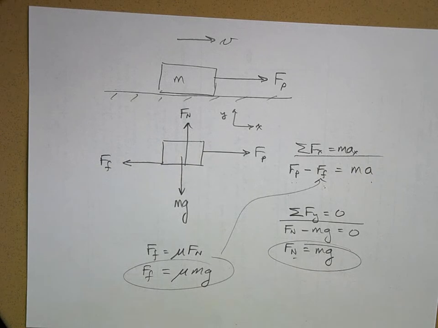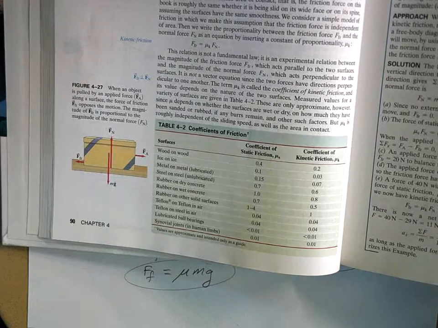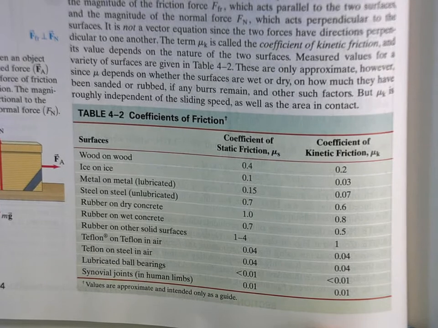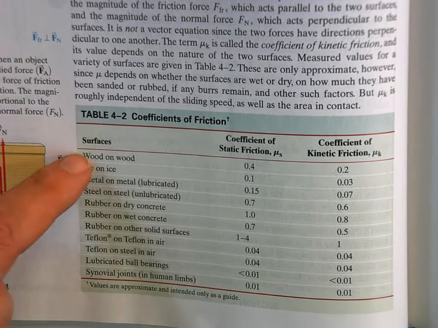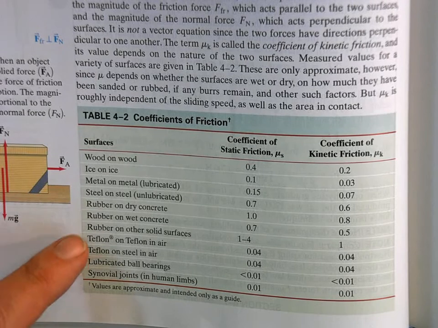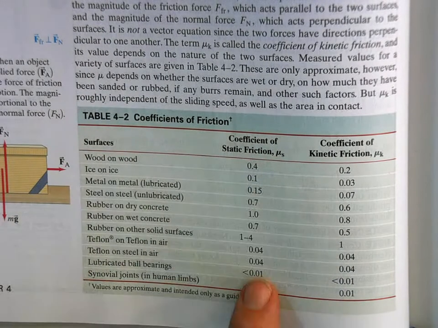It's in chapter 4. Look on page 90 of your book, and there's a table. They might give you problems where they tell you what materials you're dealing with, and you have this table. You have wood on wood, metal on metal, rubber on dry concrete, Teflon on Teflon and air, and here's the coefficient of static friction.